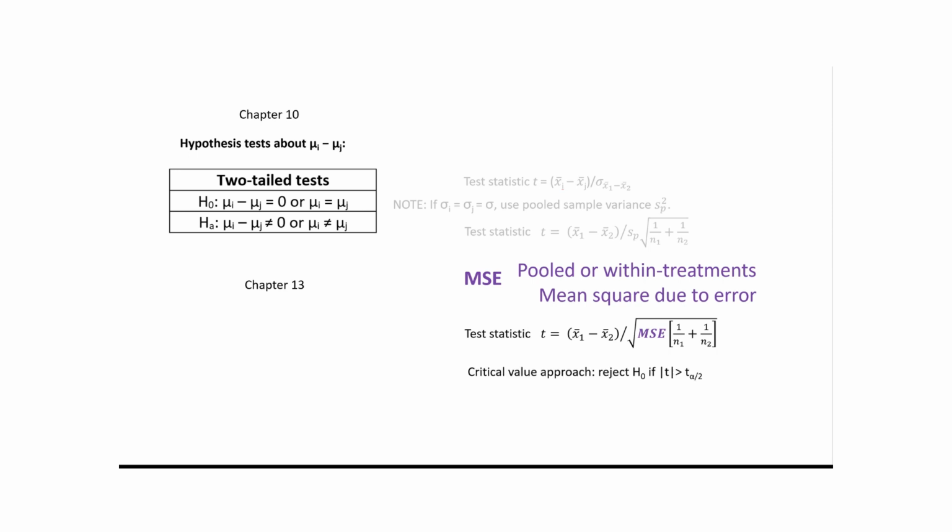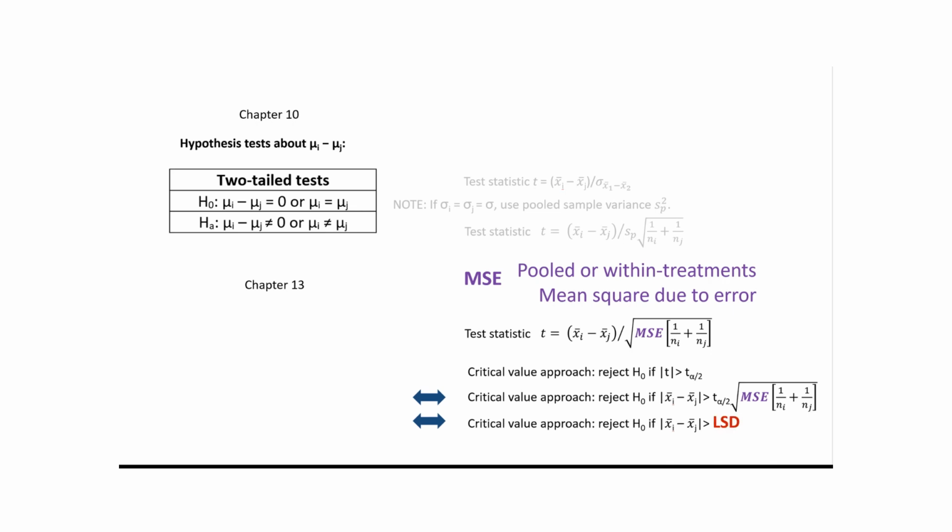Using the critical value approach, we reject our null hypothesis if our t-statistic value, absolute value to be exact, is greater than our t-critical value. Replacing t by its full expression and rearranging, our rejection rule becomes as shown here, which is the rejection rule found in our text.